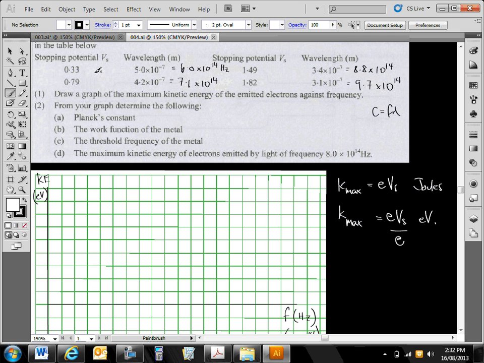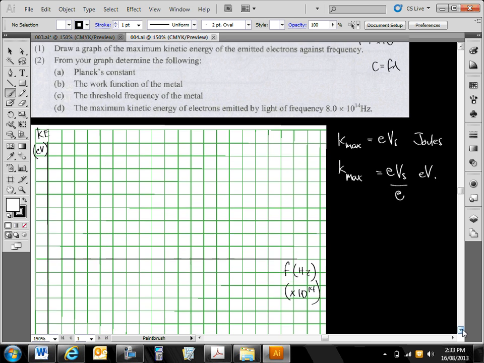Stopping potential. If I'm drawing a graph with my kinetic energy in electron volts, what is my stopping potential then? Stopping potential there is just the energy in eV that the electrons have.